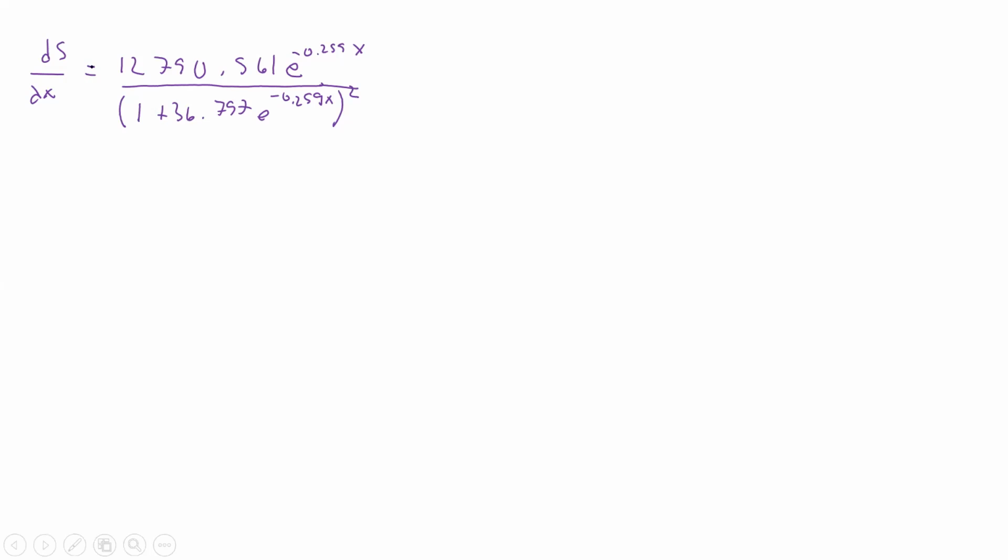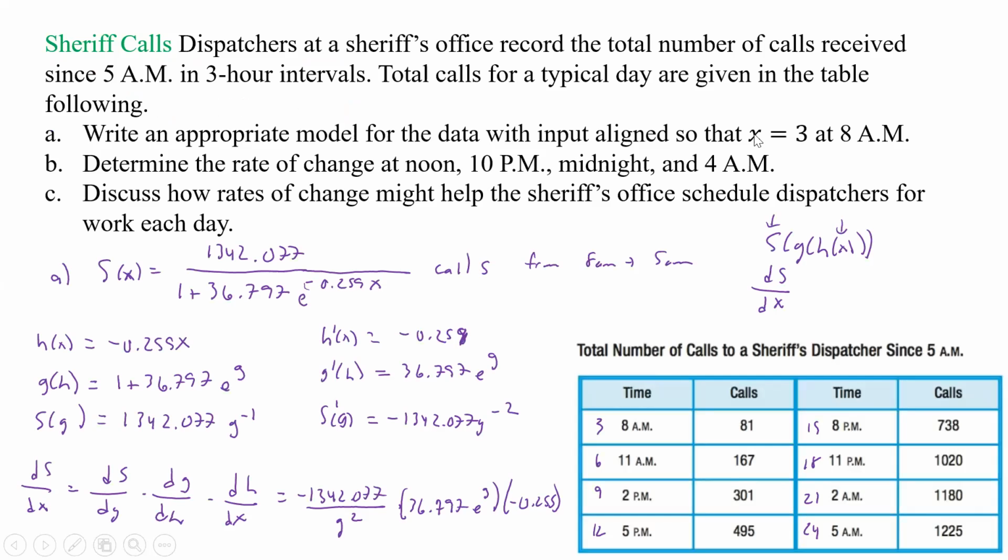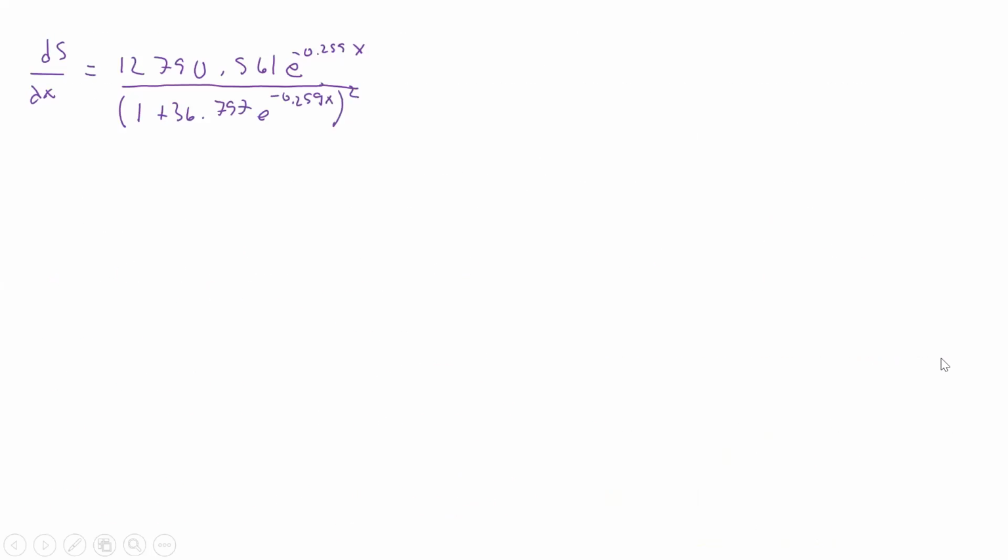Now what we need to do is, it says find it for noon, 10 p.m., midnight, and 4 a.m. All right, noon, what's that going to be? Well, that's 1 hour after that, so we need a 7. So we need S prime of 7. What else do we need?